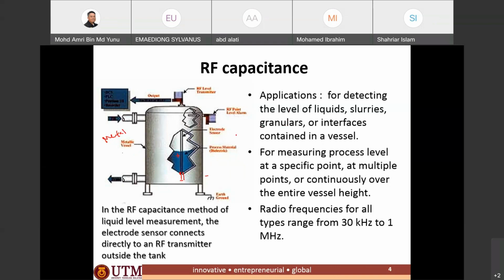It is suitable to detect the level of liquids, slurries, or granular materials, or anything at an interface, especially material with high relative permittivity.